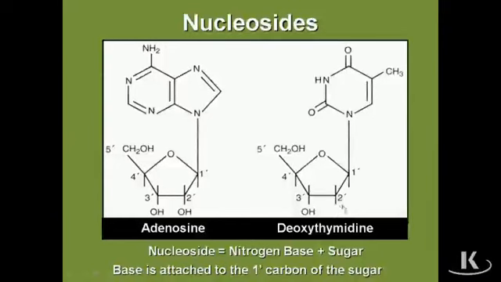So when you attach a deoxyribose sugar to one of the nitrogen bases, we call it, in this case, deoxythymidine. Because you attach the deoxyribose to thymine, we now call it deoxythymidine. Notice that whether it's deoxyribose or ribose sugar, it's always the 1' carbon that's going to attach to the nitrogen base.